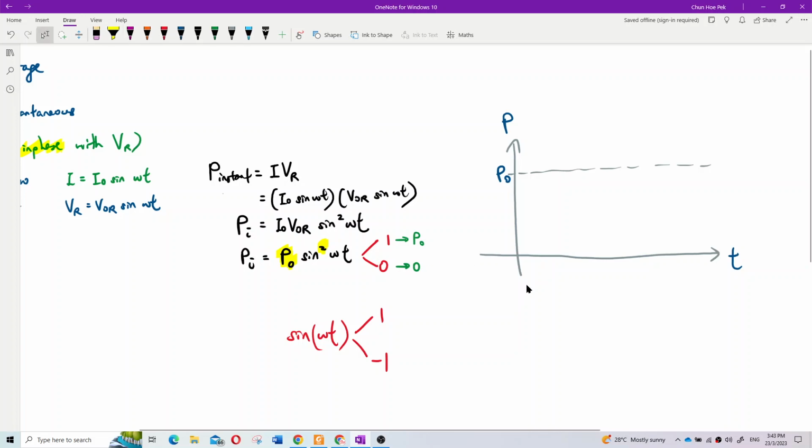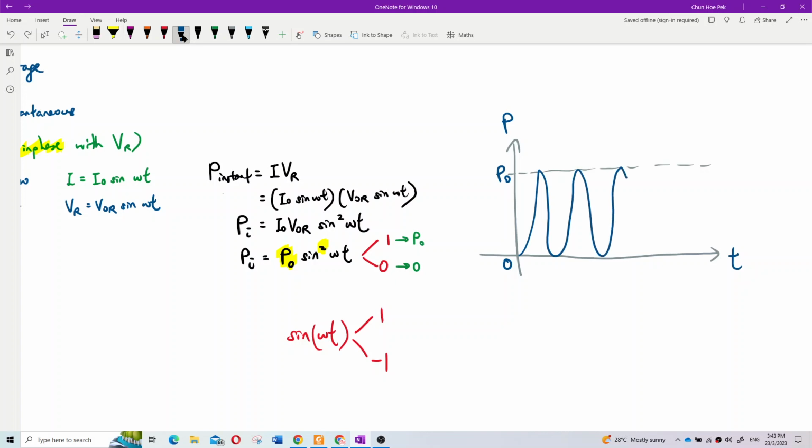It doesn't have negative value, so the graph is over here only. It's a sinusoidal graph on top of the x-axis. So the graph is like this. My drawing is lousy. Enough lah.